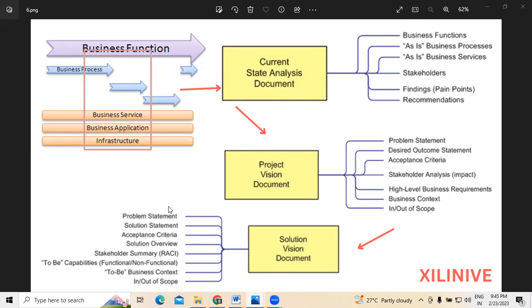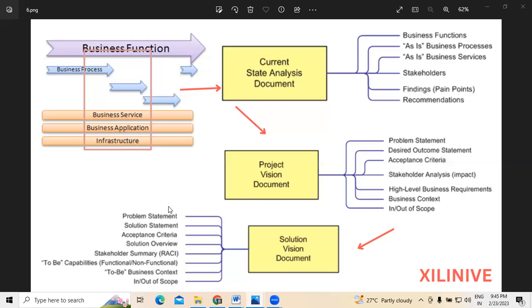In this view, being a business analyst, there are a couple of documents which we normally prepare, as follows. The first document is business functionality related information, relating to the business services, followed by the kind of applications they were using. Along with that, infrastructure is what we have to consider.